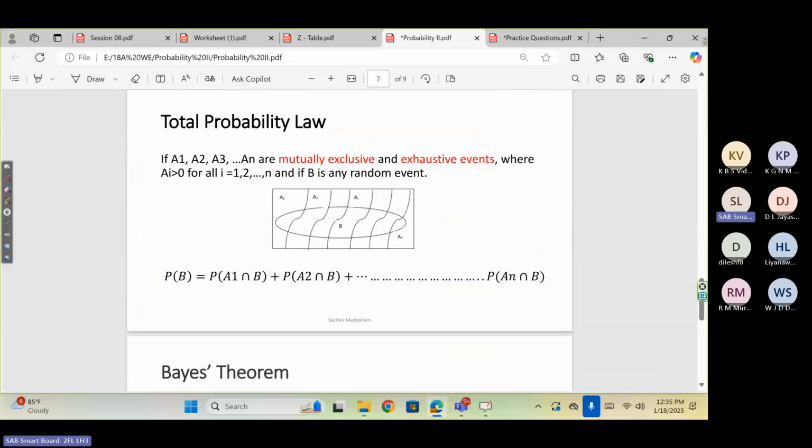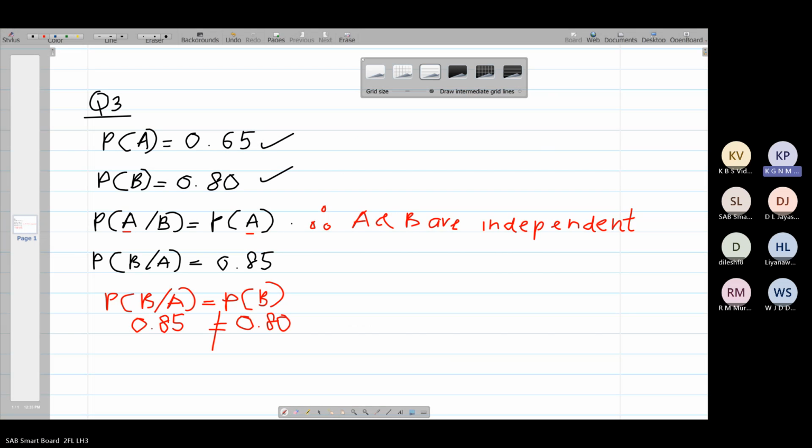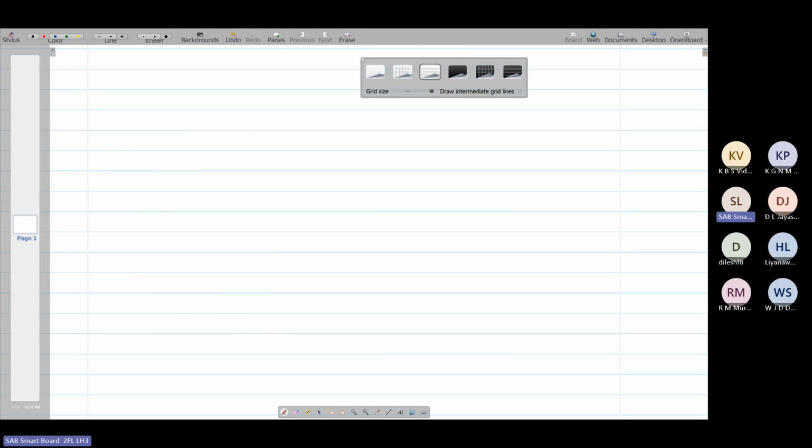Then we move to the next concept we call total probability law. The last two theories are the total probability law and the Bayes theorem. Then, first concept, total probability law.